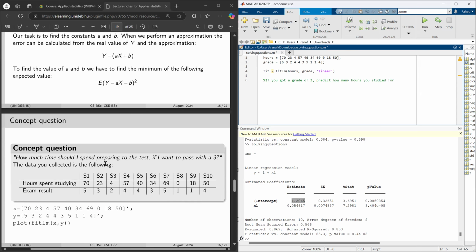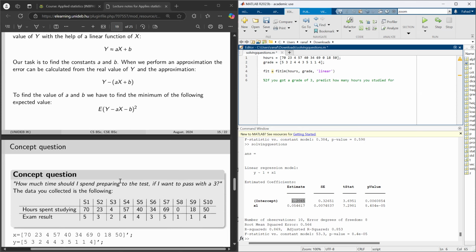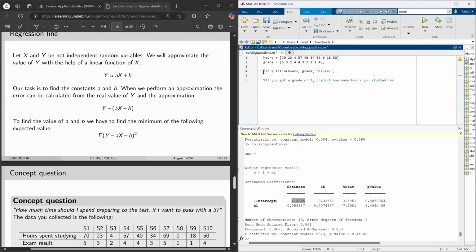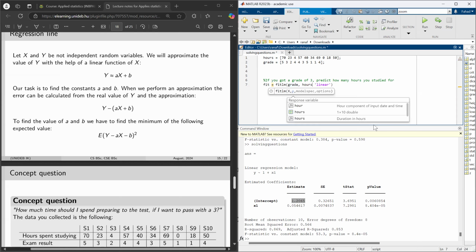It says, how much time should I spend preparing for the test if I want to pass with a 3? So in this case, the order in the fit element matters. You have to write grade and the hours, where the grade is given and the hours is required. So in the fit element, you give the grade first, then what is required later, hours.